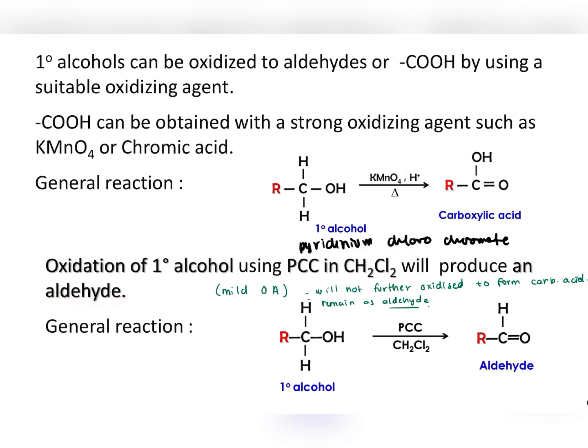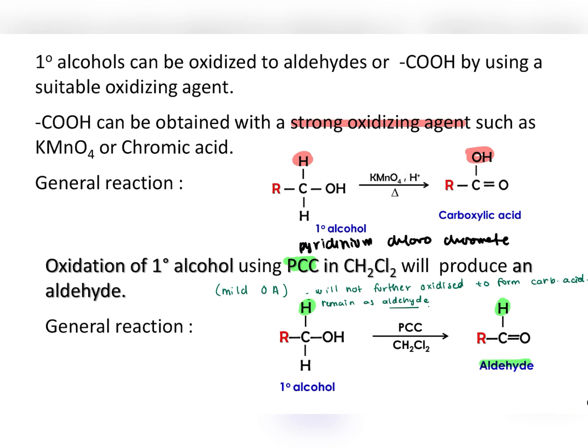Okay, so maksudnya primary alcohol akan oxidize, and then bahagian H ini akan remain lah, dia stop. Dia tak akan no further oxidation. Okay, berbeza dengan tadi kalau kita guna strong oxidizing agent. Okay, bahagian H ni dia akan further oxidize jadi OH. Kalau kita guna PCC, H akan remain, so you will get aldehyde.